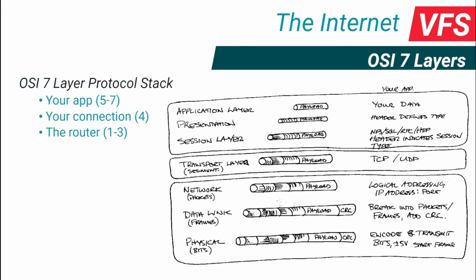TCP is the transport protocol for network packets. UDP is the unstructured data protocol. Now, those two individual protocols have things about them that we take advantage of when we're sending our information back and forth.